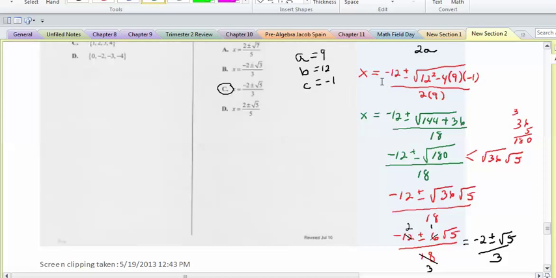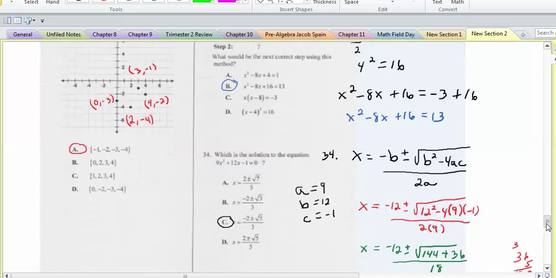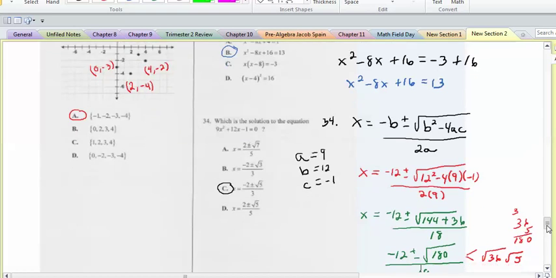And then the last step, what I did was I simplified. 18 will go into 12 6 times, because 6 times 2 is 12, and 6 times 3 is 18. I did the same thing. 6 will go into 6 one time. So I ended up with -2 plus or minus radical 5 over 3. And that was your answer choice for 34, and it was letter C.